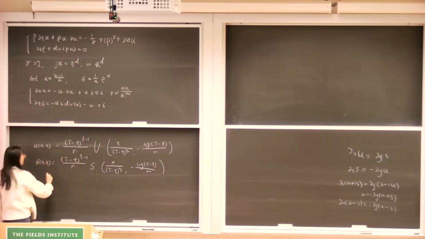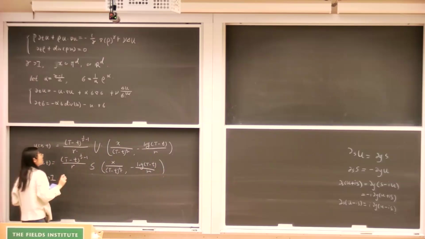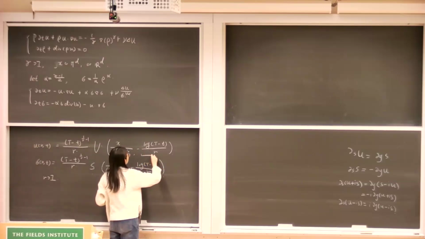And the small r is always greater than 1. Well, could we have more restriction? So this is the new time variable.